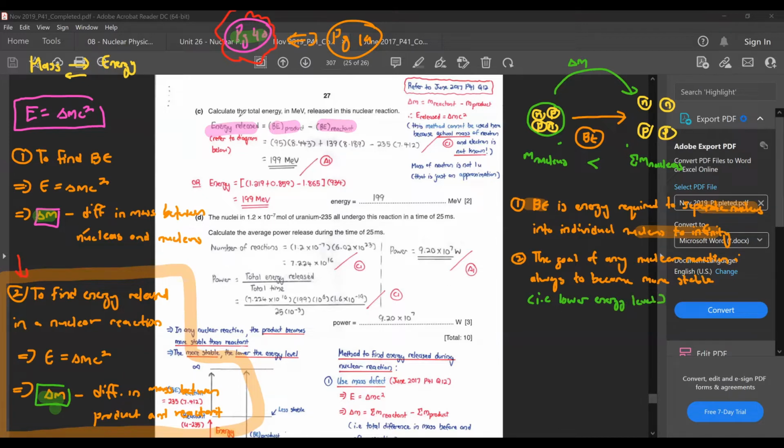Now, how does all this tie to you understanding what is energy release? Let's say, for example, I give you three lines right now. This line represents the energy level at infinity. And this line represents the energy level of, say, your reactant.